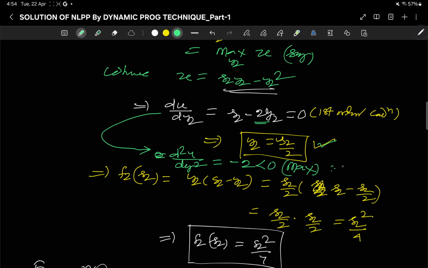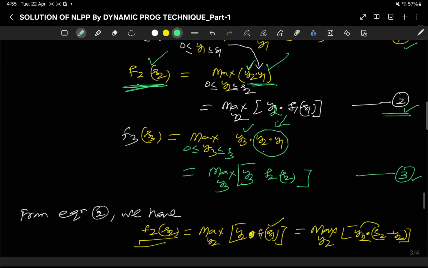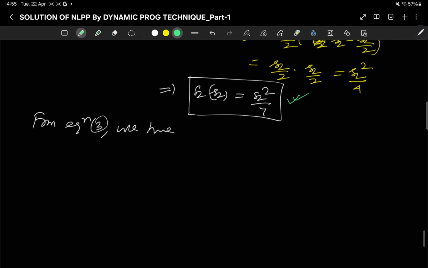This maximization is because of the second order condition, so it is guaranteed. The maximized value is this.